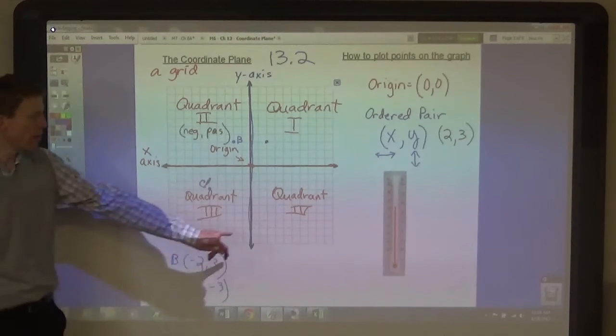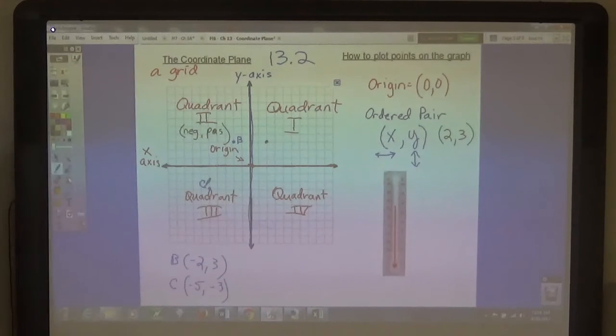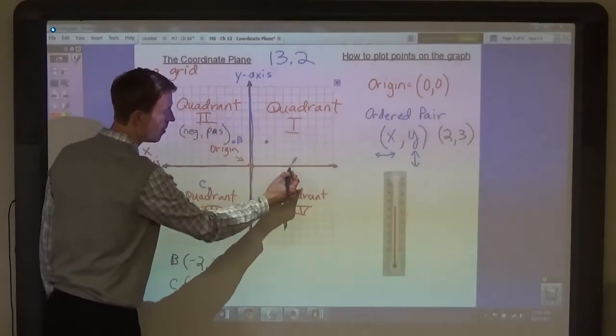What would the numbers be for quadrant 4? What would the ordered pair be as far as positive, negative for quadrant 4? Danny? X would be positive and Y would be negative.